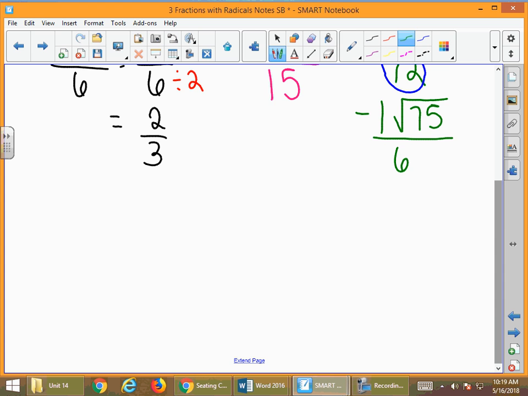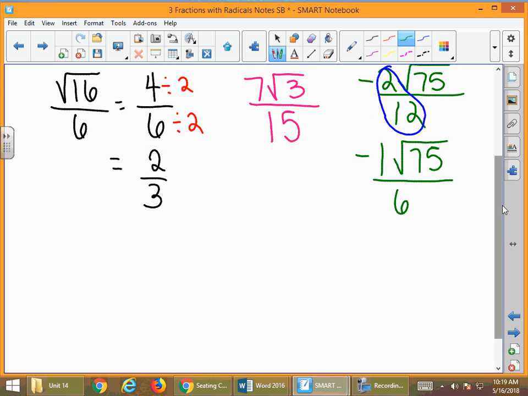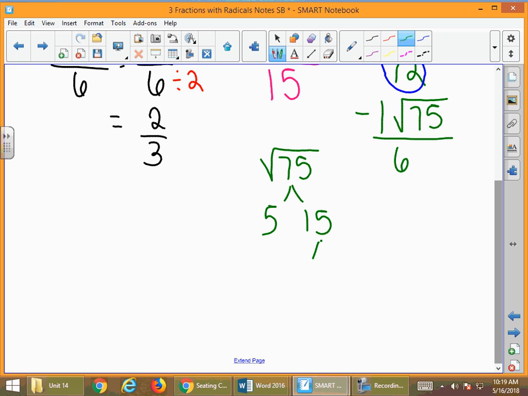Because what has to happen now is we need to simplify the square root of 75. And if you remember, I'm going to scoot this over a little bit. We multiplied 5 times 15 to get 75. If you pick 3 times 25, there's nothing wrong with that. So 5 times 15 is also 5 times 5 times 3.